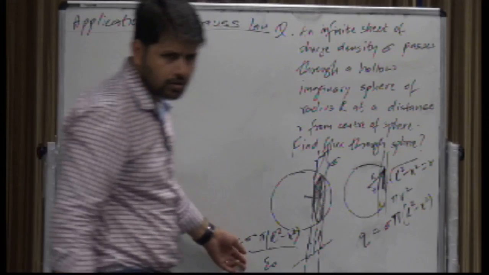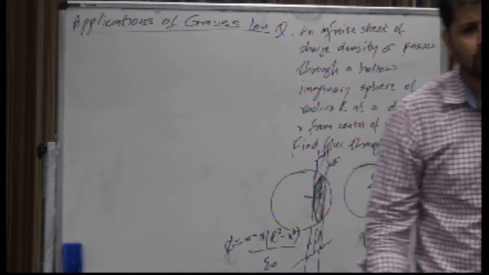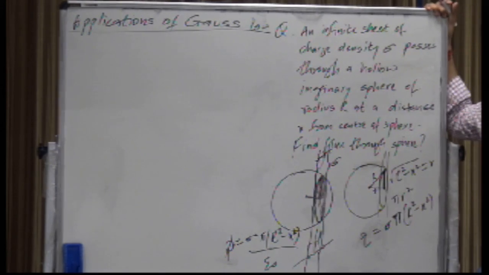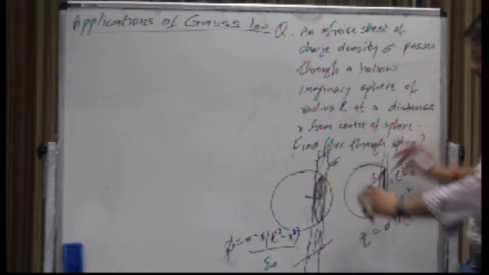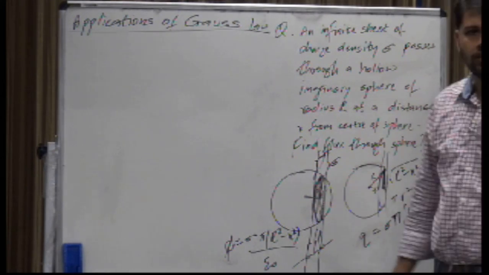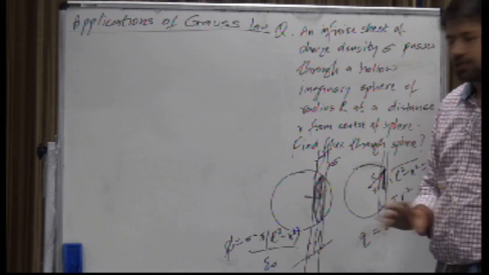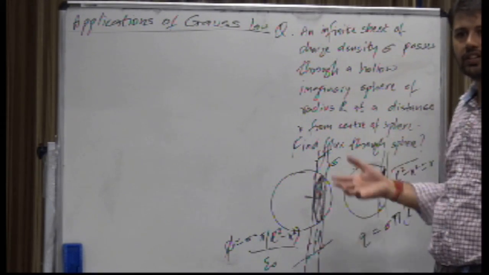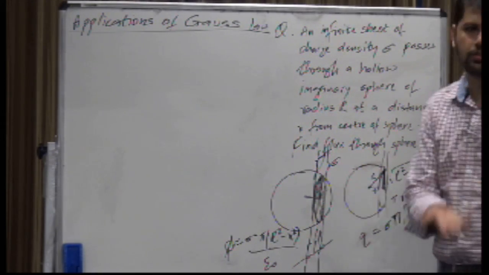Other half के लिए what would remain same? The flux. Actually, this is the flux produced by this circular portion on both sides. So if you want to calculate the flux through the bigger portion, it is half of this. If you want to calculate the flux through the smaller portion, it would still be half.